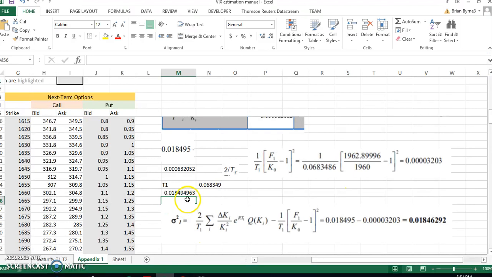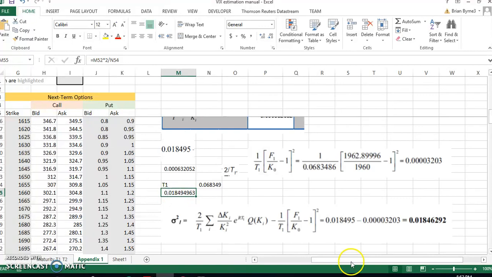Okay, so in our spreadsheet, the figure that we had arrived at ultimately, 0.01849, is actually the figure we had here. So it's the summing of these terms here multiplied by T1 divided by 2 that produced this number here.